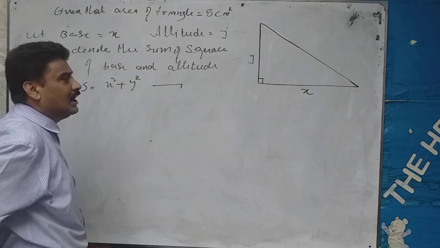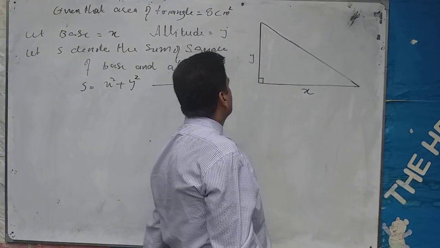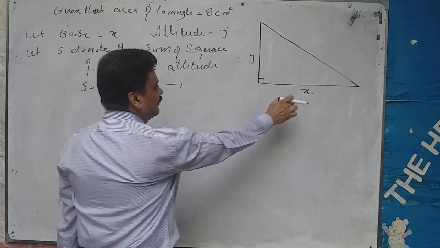But we know that area of right angle triangle will be equal to 1 by 2 base multiply altitude.